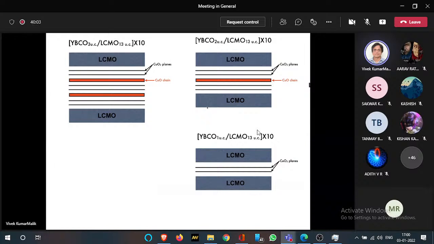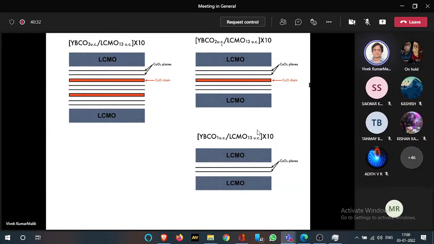Let's say we grow 2 unit cells of YBCO, then there would be only one chain. If you try to grow only 1 unit cell, there would not be any chain, and chains are responsible for the doping. So that means it's not possible to get superconductivity within 1 unit cell of YBCO, whereas in 2 unit cells it should be possible.